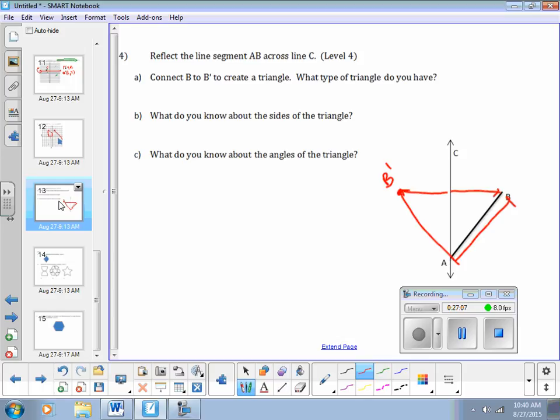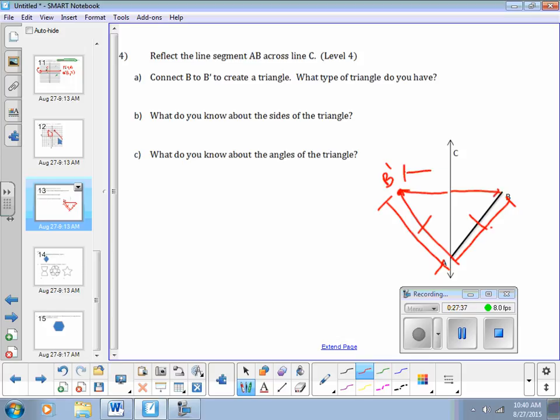This segment, however long it is, and this segment, what do you know about these two sides? They're both equal. So in geometry, you would say this segment and this segment are congruent with these little tick marks like that. Okay? These two sides are congruent.